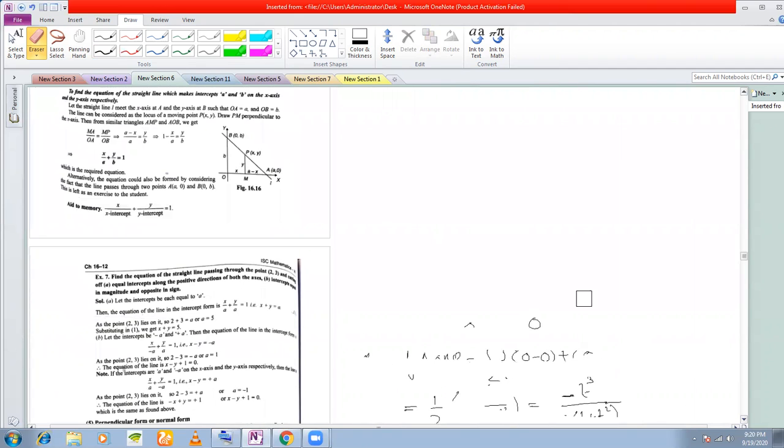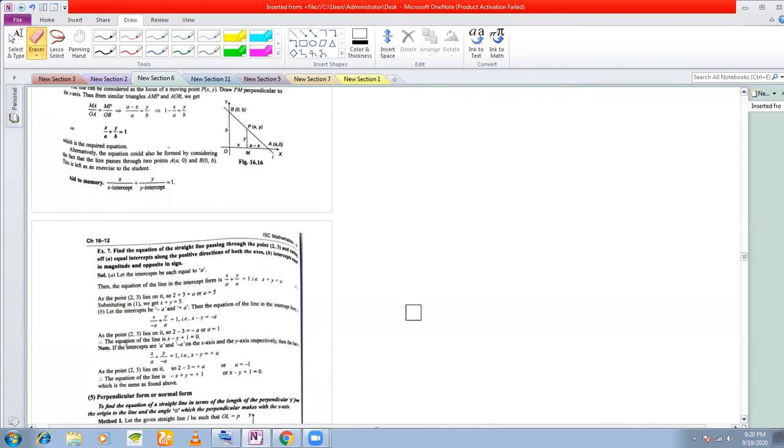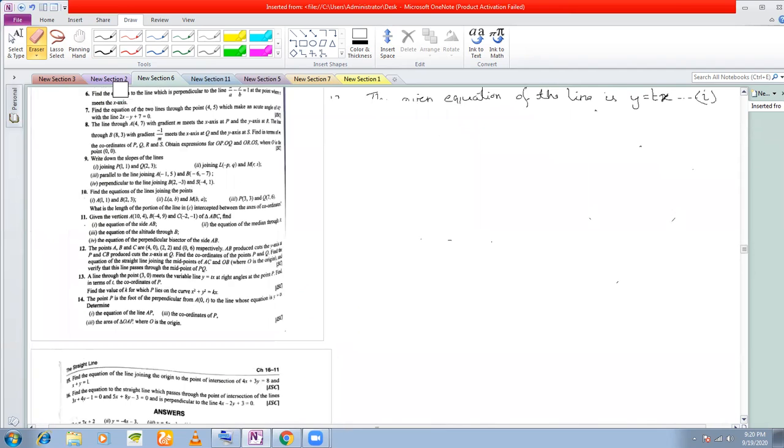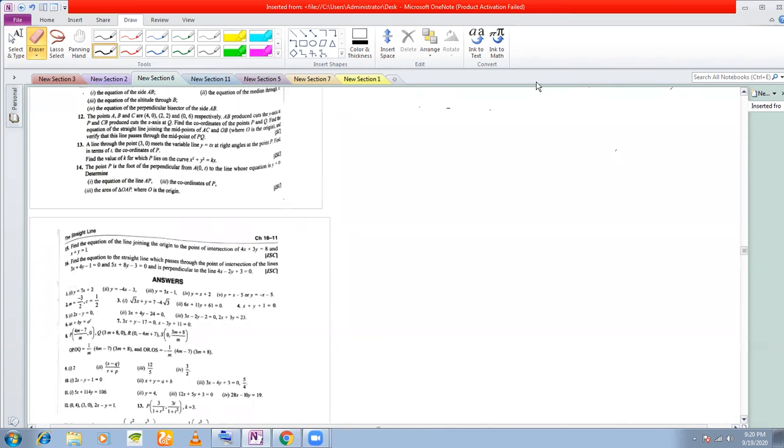But what I must make you note first of all is that if I want to find the equation of any line that is parallel to another line, note before proceeding, any line parallel to 2x plus 3y plus 7 must be of the form... Remember, any straight line that is parallel to this line must have the same x coefficient and y coefficient.